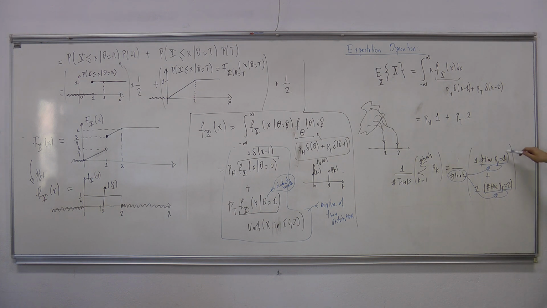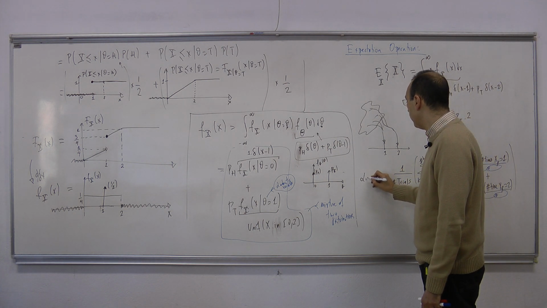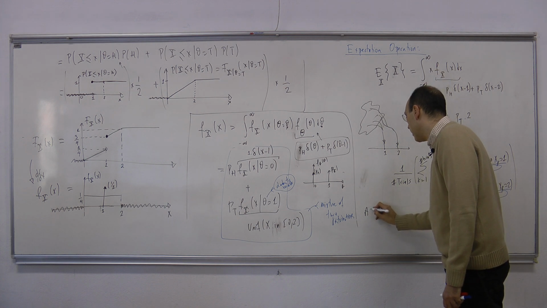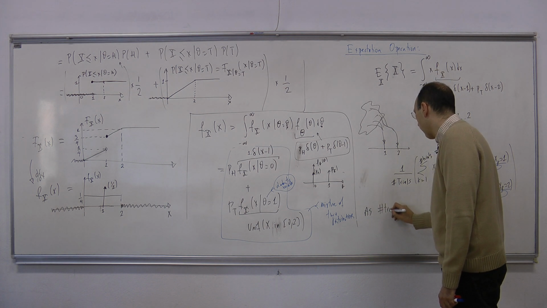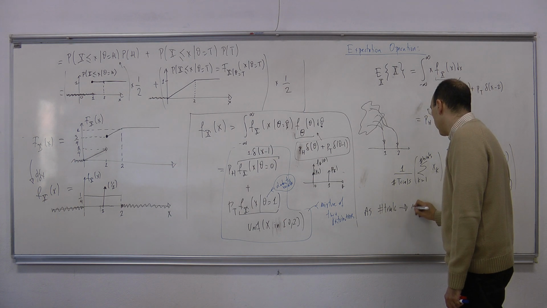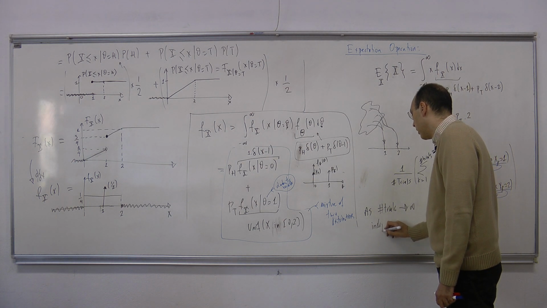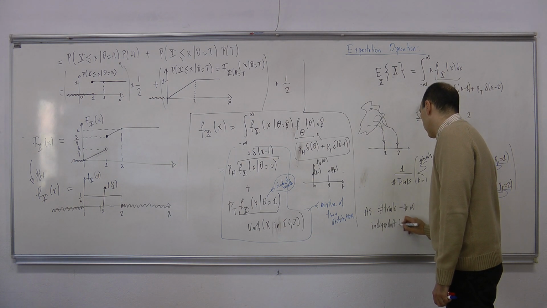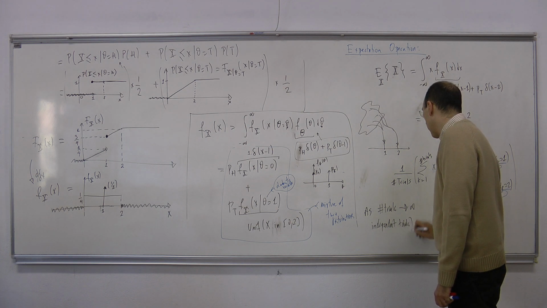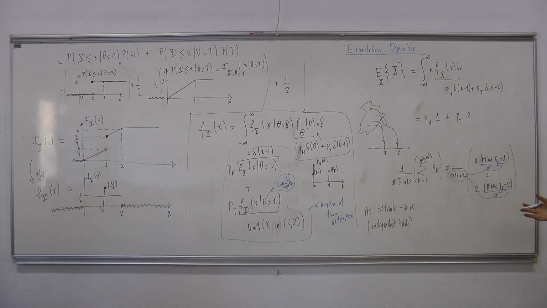So at the end, as you can imagine, we get this probability. Okay, how do I get this probability? As the number of trials goes to infinity, and I'm assuming independent trials. Of course, this is very practical. You repeat this experiment many times. So maybe you are asking a person's opinion on the street.